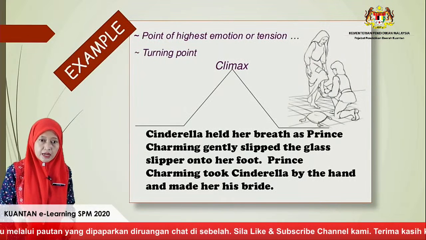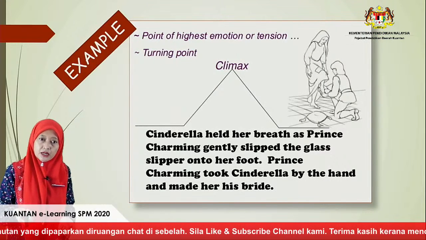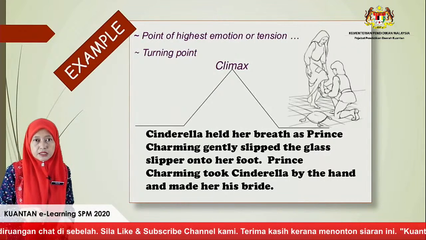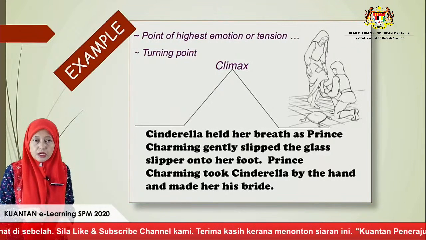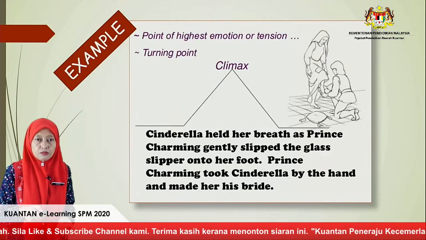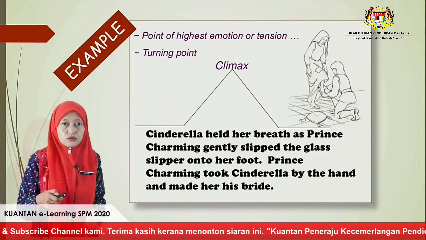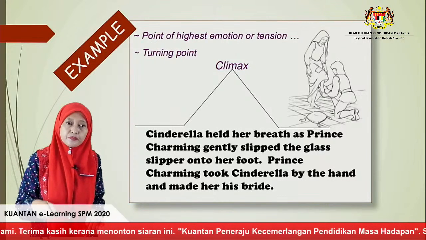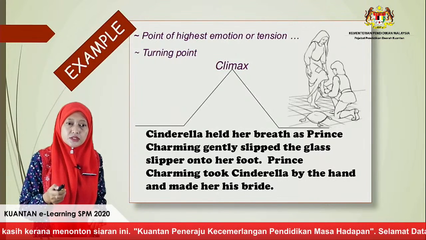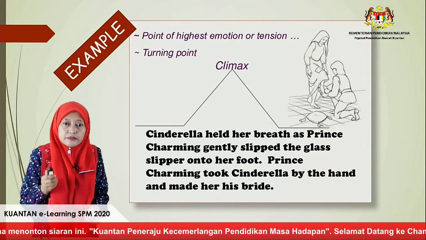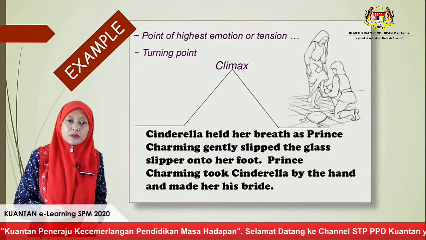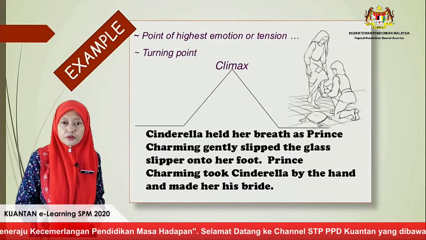So this is an example. Are you familiar with the story of Cinderella? Please, I beg you, please say that you know the story. I cannot believe that some of you out there do not know the story of Cinderella. So the climax here: Cinderella held her breath as Prince Charming gently slipped the glass slipper onto her foot.